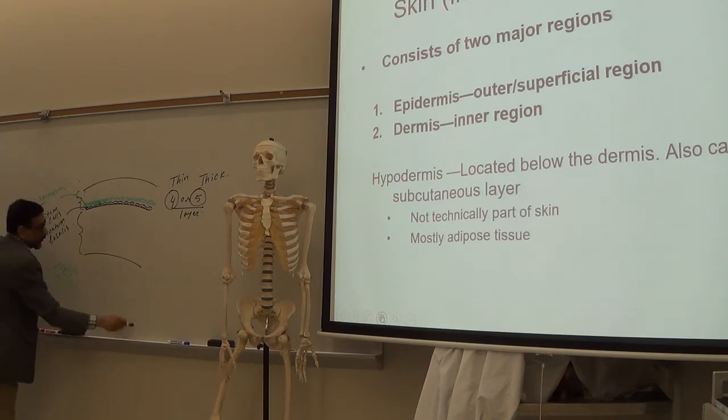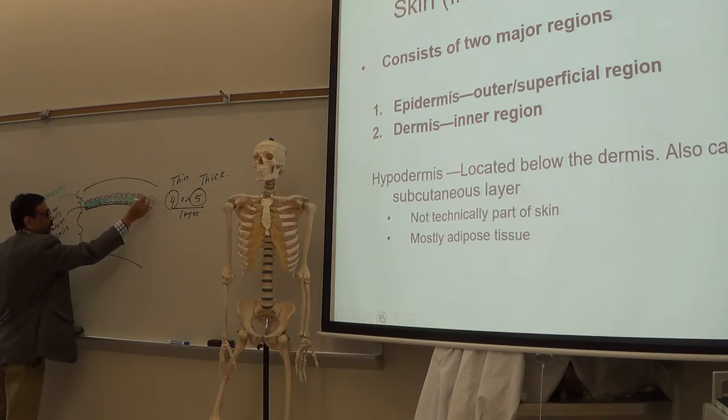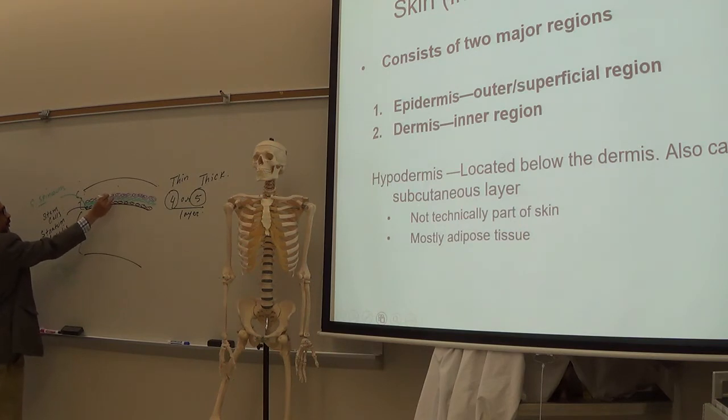Then next layer is a layer of the cells. These cells are filled with granules. Filled with what? Granules. These are the granules. So that's why this layer is called stratum granulosum. Stratum means layer of granular cells.